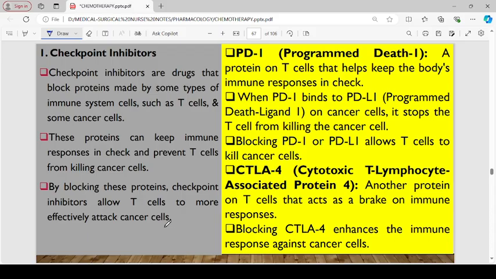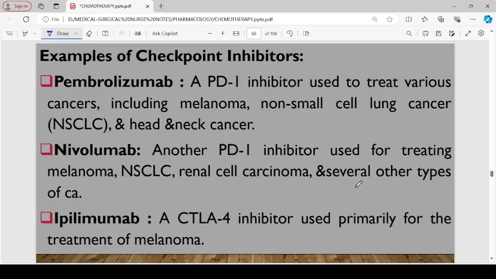These proteins can keep immune responses in check and prevent T cells from killing cancer cells. So by blocking these proteins, checkpoint inhibitors allow T cells now to be more effective to attack cancer cells, right? So we have the programmed cell death and the CTLA. Examples of these checkpoint inhibitors are pembrolizumab, nivolumab, and ipilimumab.